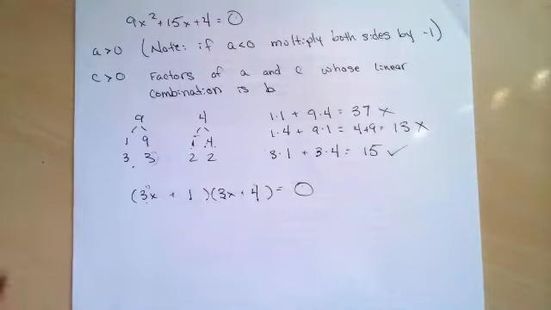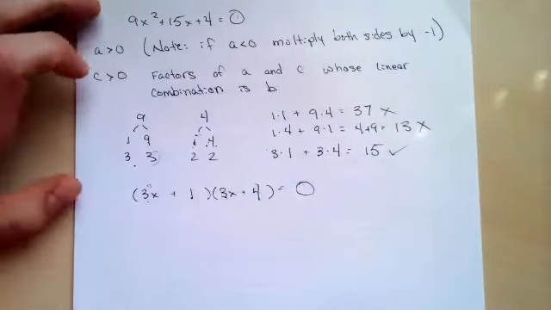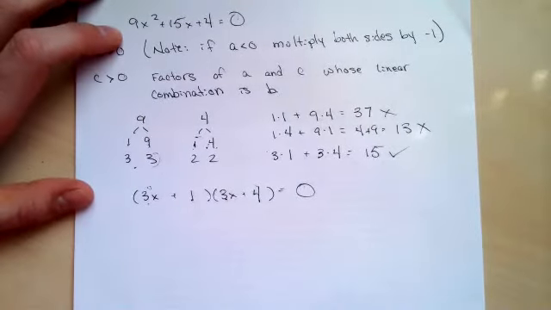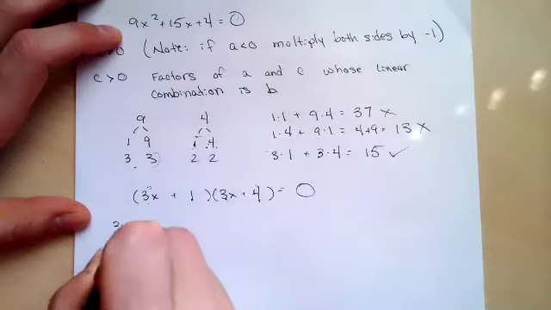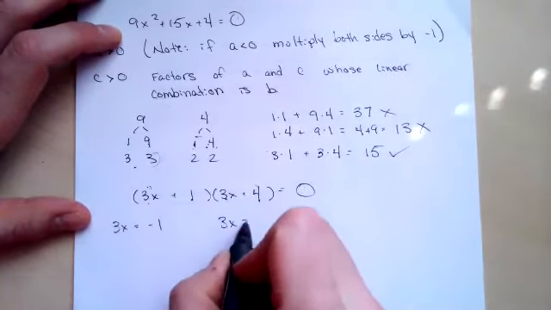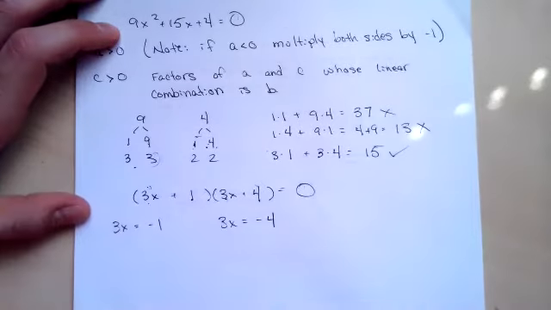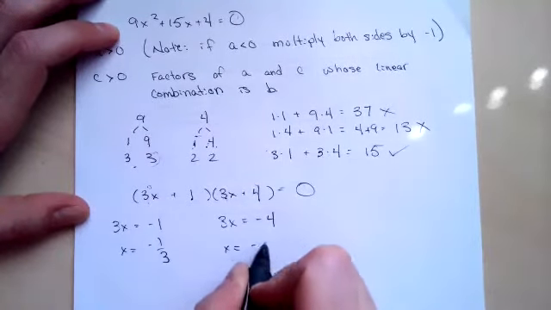So check that, FOIL that out on your own, and check that the linear term, the b term, does add to 15, and of course all the other terms match what we would have gotten. Solving this, we get 3x plus 1 equals 0, so 3x equals -1, and 3x plus 4 equals 0, so 3x equals -4. So x equals -1/3, x equals -4/3.